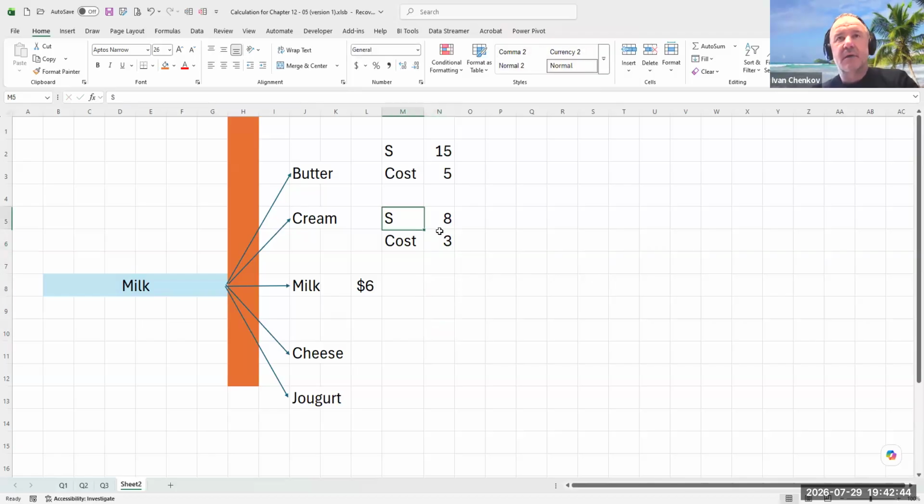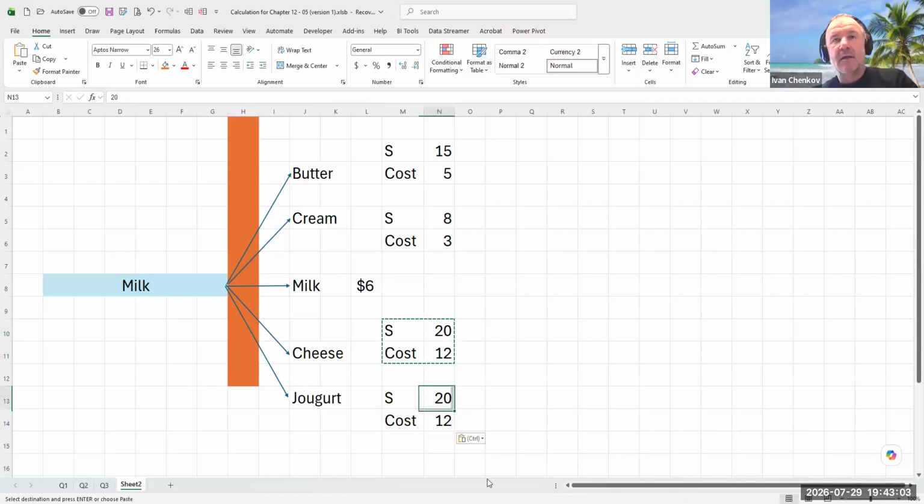For the cheese, I can sell it for $20, but my additional cost is going to be $12. And for yogurt, I can sell it at, let's say, $10 per liter, but my additional cost is going to be $2.